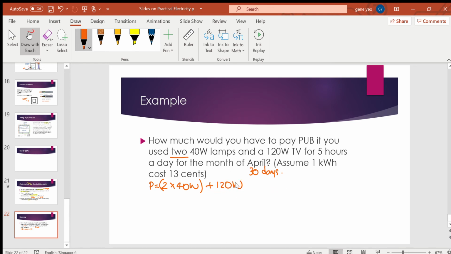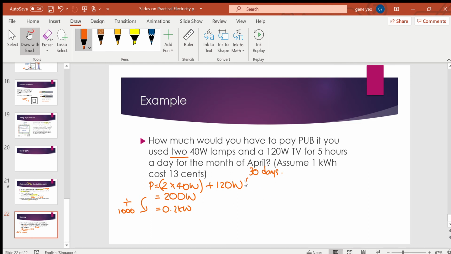So this is equivalent to 80 plus 120, which gives me 200 watts. But I want it to be in kilowatts, so I have to divide by 1000. So this gives me 0.2 kilowatt for power.